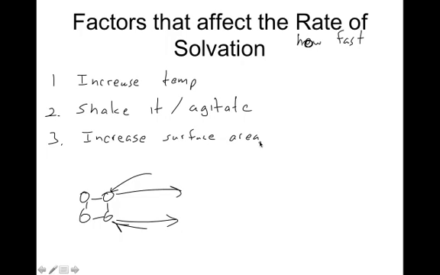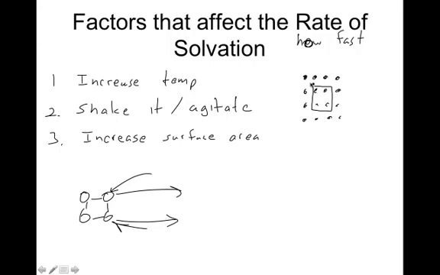Increasing the surface area might be a little bit more difficult to understand, but let's try and do that here. So let's say we have this ionic compound, and I'll do a 4x4 cube of it. Now this is just two-dimensional. It should be three-dimensional, but here it's two-dimensional. If you look at this cube two-dimensionally, let's say these four here are on the inside.